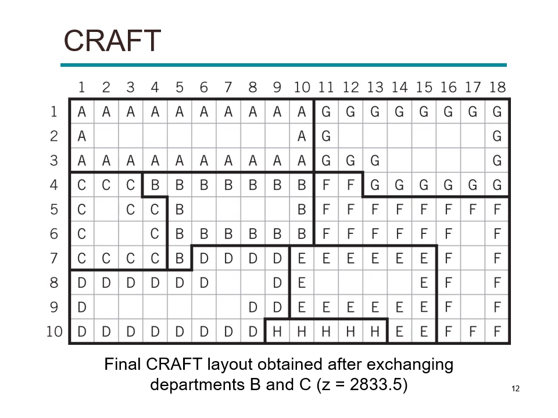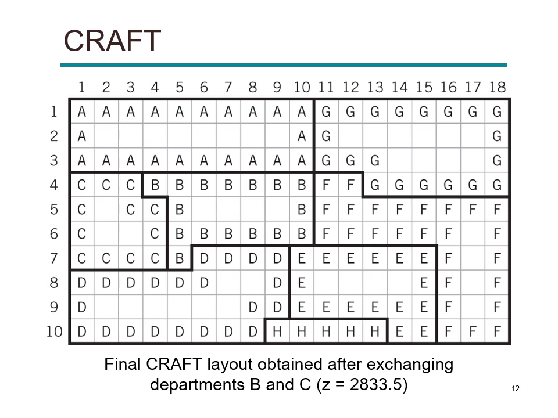And you see that this is the final layout after exchanging B and C, and the cost reduced to 2833.5. Okay, so this is the final layout, and by making further exchanges you cannot reduce this even further. This is the best that you can do.